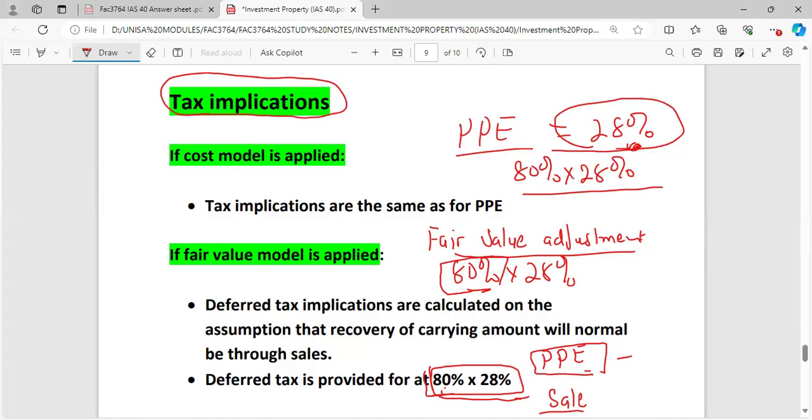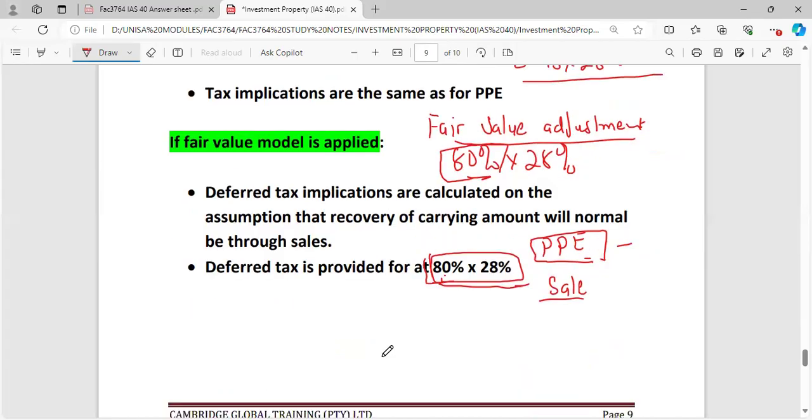And another thing on investment property: we have investment property like buildings. A building will attract capital gains tax and recoupment. So on the fair value adjustment, you are going to apply the capital gains tax. But SARS will now require you to bring in the capital allowance on that building.